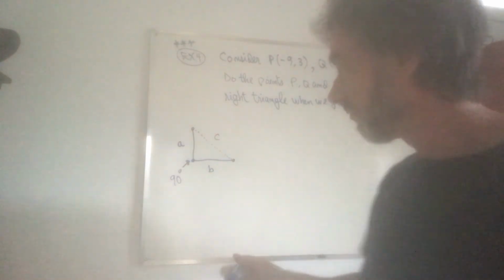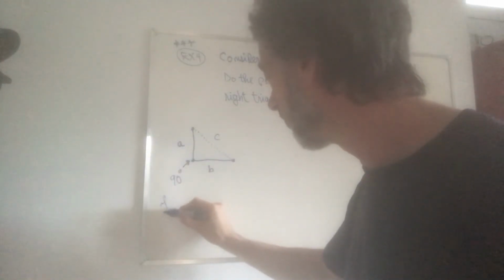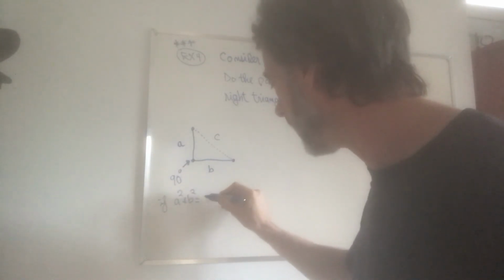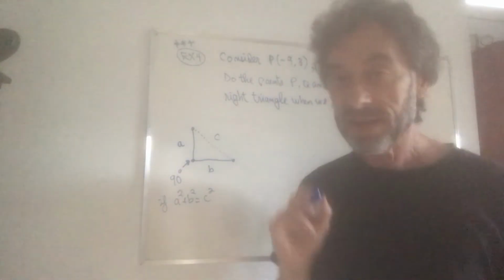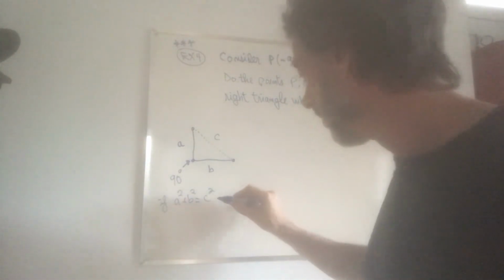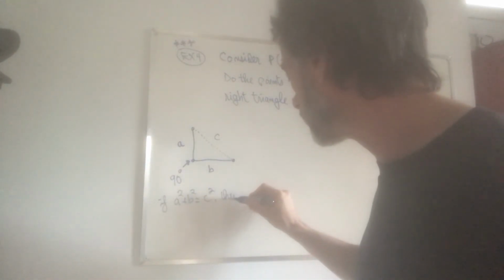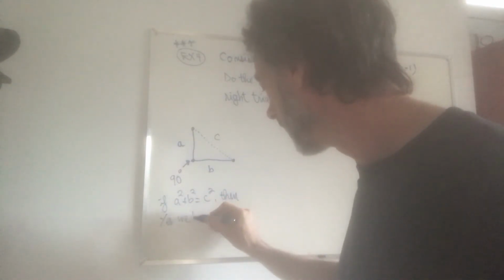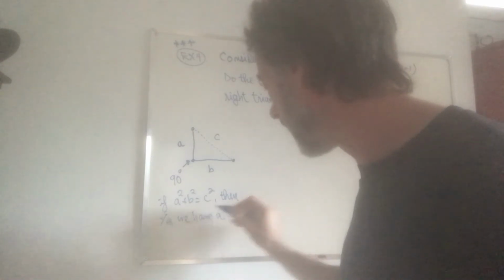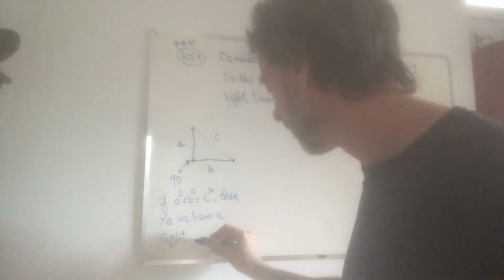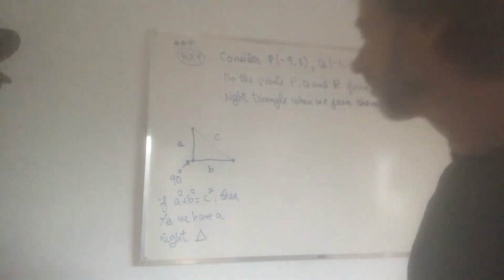And if a squared plus b squared equals c squared, if indeed the Pythagorean theorem is verified, then we can say that we have a right triangle. Then yes, we have a right triangle.